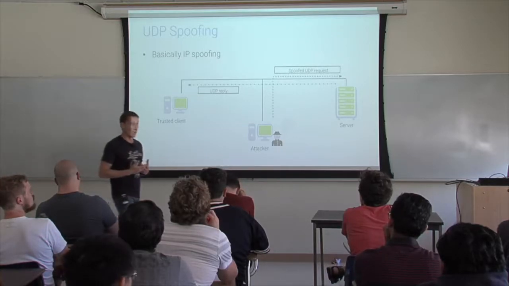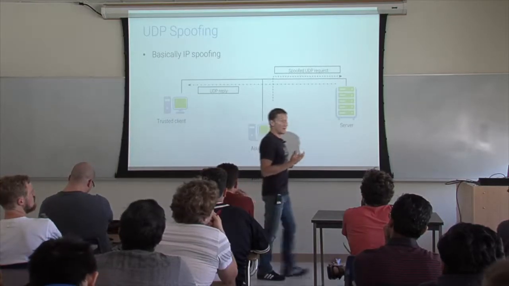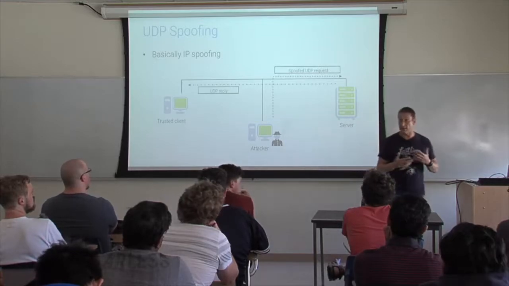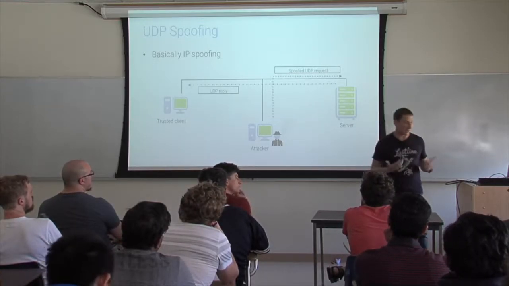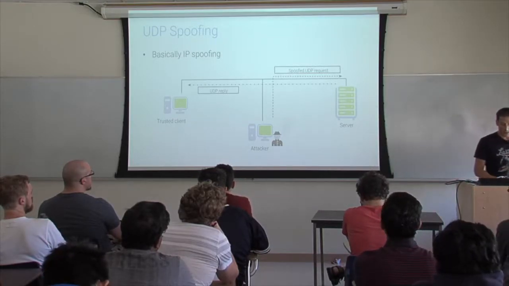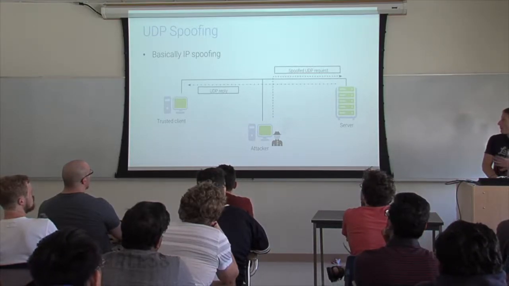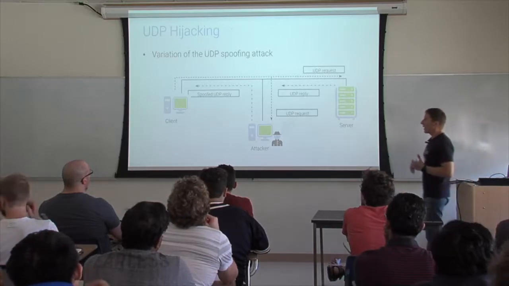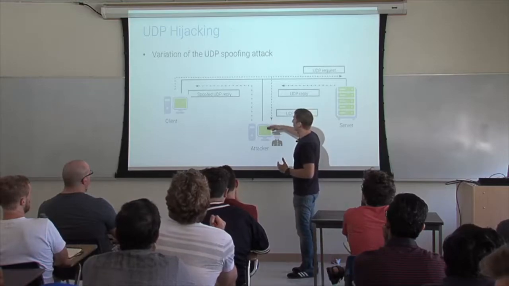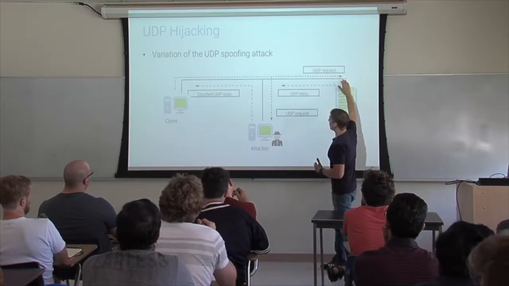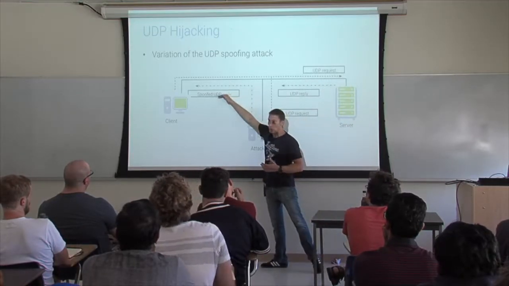For example, DNS is typically very vulnerable to DNS hijacking because, of course, you can impersonate the DNS server and confuse the victim. Since you have a request and reply, you can also hijack an interaction. You can sniff the network and wait for a UDP request and then race for a UDP reply.